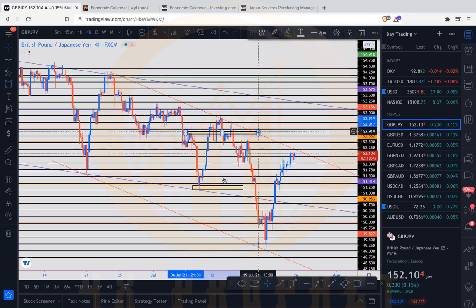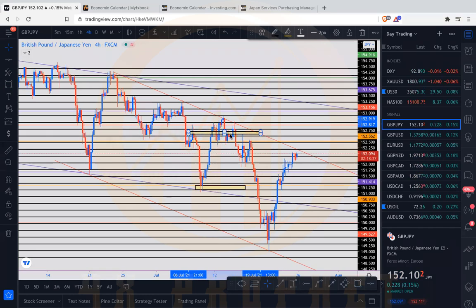Perfect. Now, as we can see right here, price stayed in this area for a minute. And what do we have right here? Anyone can say it? Head and shoulder pattern. Right. And what kind of head and shoulder pattern is this?